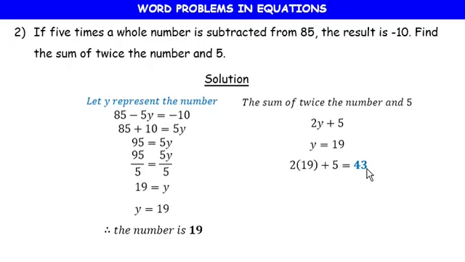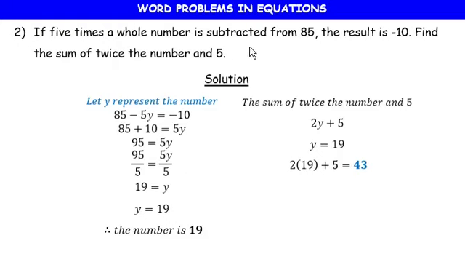So that is how to work with word problems. You just take your time, you read the statements one after the other, and then try to break them down into mathematical expressions, right? The first thing is to always represent that unknown number by a variable.